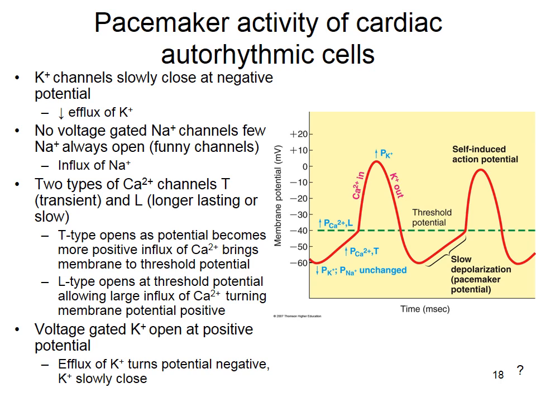And then on top of it, they have two types of calcium channels, T-type and L-type. T-type are transient. L-type are long-lasting. The T-type have a lower threshold than the L-type. So the T-type open during this slow depolarization phase, and they only stay open for a little bit.